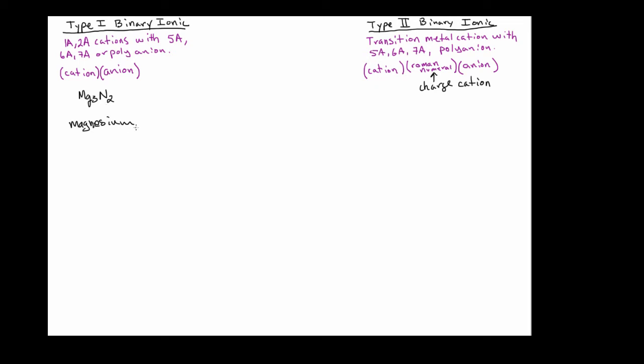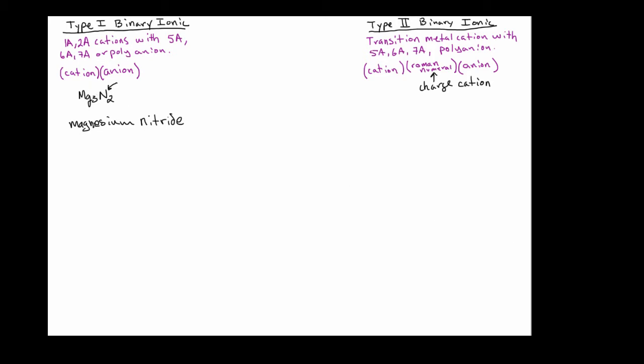Following the cation, we need the name of the anion, and in this case it's out of group 5A. We recognize that it's nitride. So this would be the correct name for this compound.